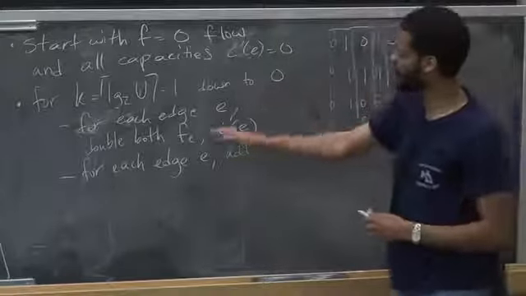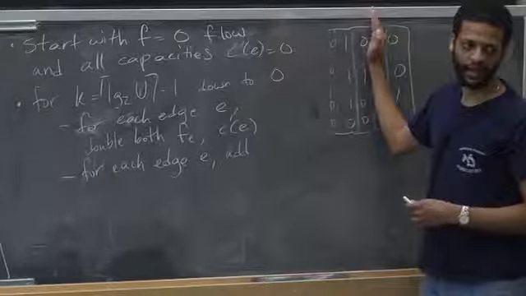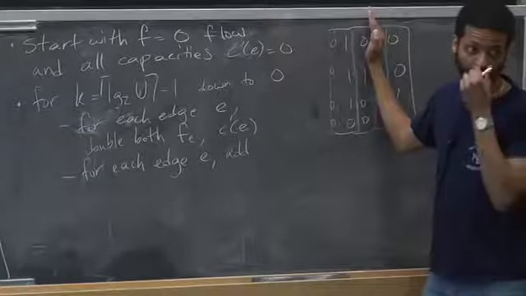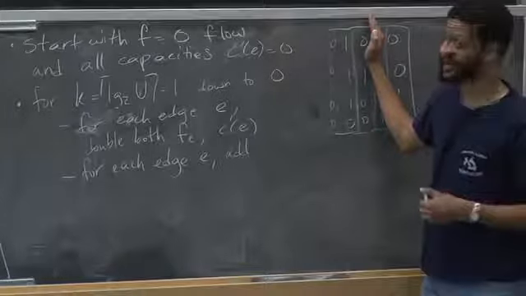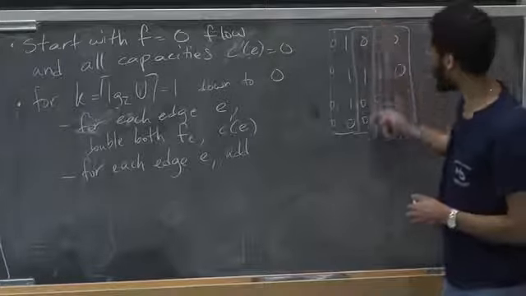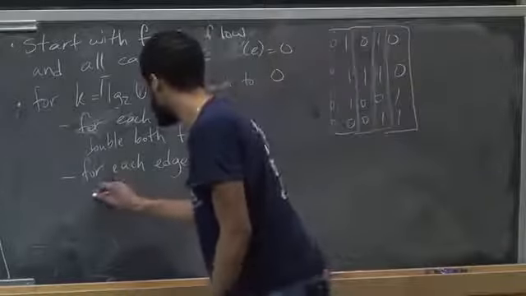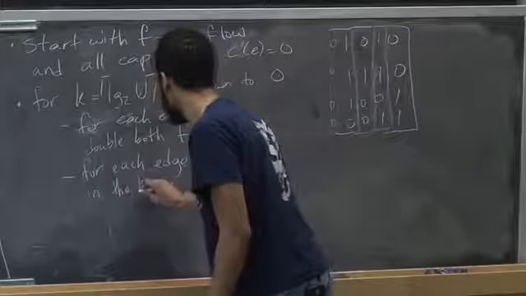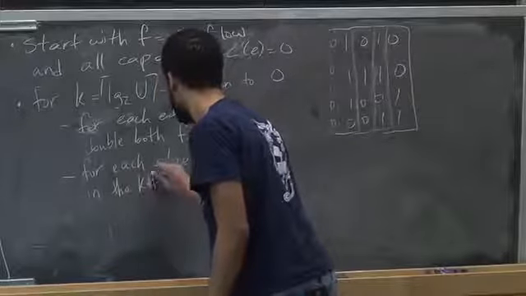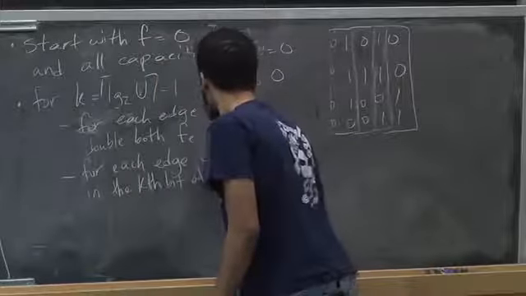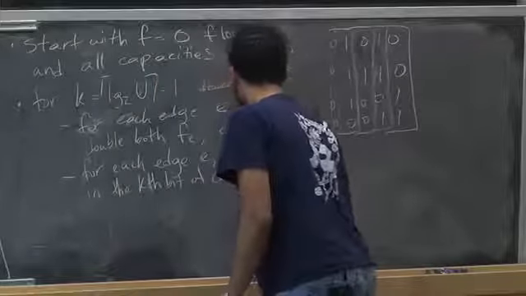And then we're going to double all the flow values, right? So they're going to remain feasible because we doubled the capacities as well. And then we're going to add these in. So for each edge E, add in the kth bit of C of E to C prime of E.